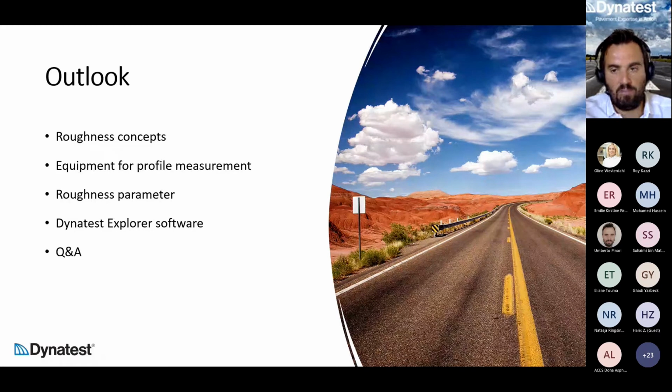We will have a presentation of the most used roughness parameters, as well as rutting and macrotexture. And at the end, we present the Dynatest Explorer software, so how we elaborate our data at Dynatest. And there will be a space for questions and answers.